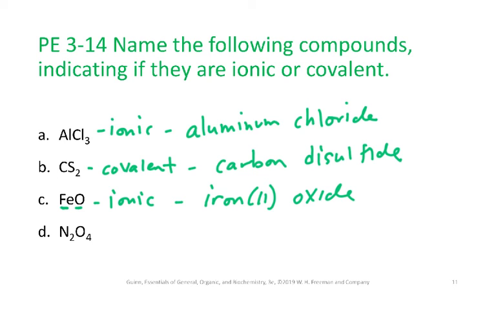So iron(II) oxide would be C, and then D, nonmetal and a nonmetal. So covalent, and we may have encountered this one earlier, I don't remember, but N2O4 would be dinitrogen tetroxide.